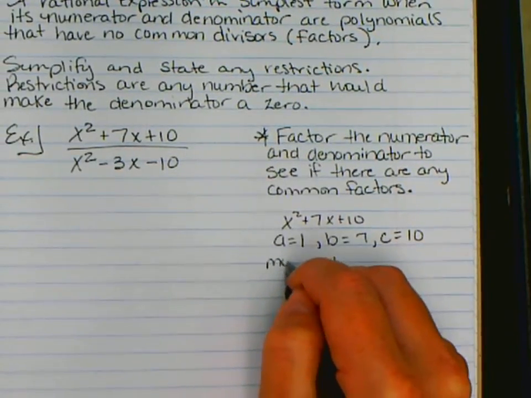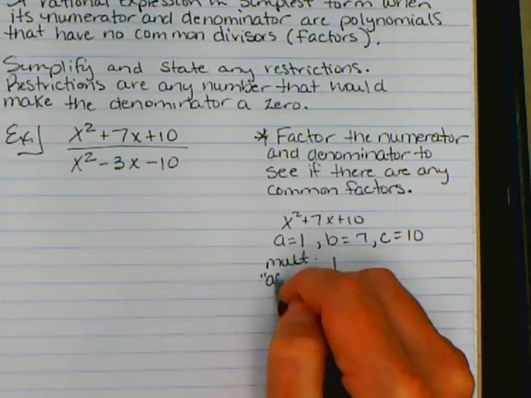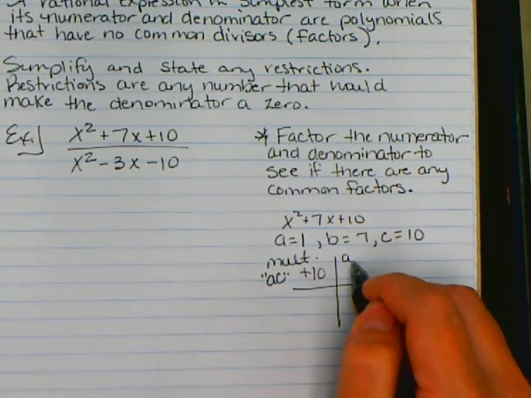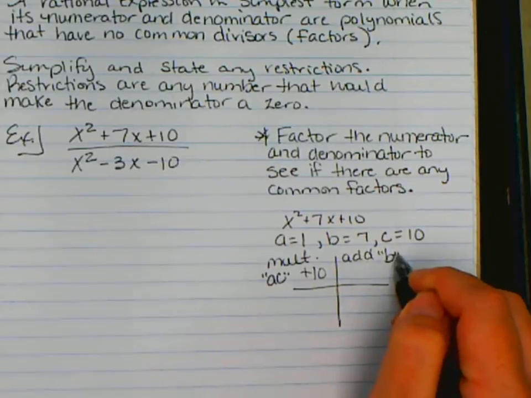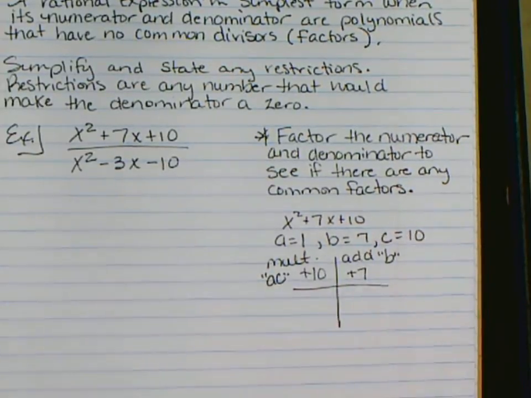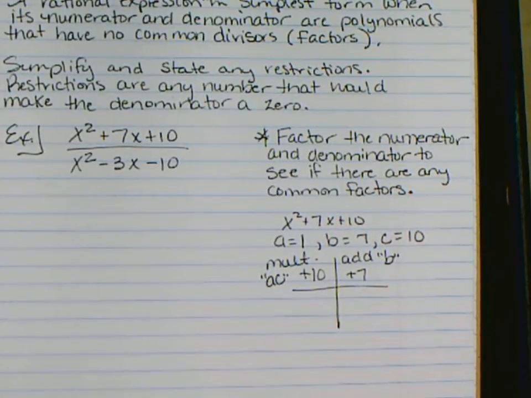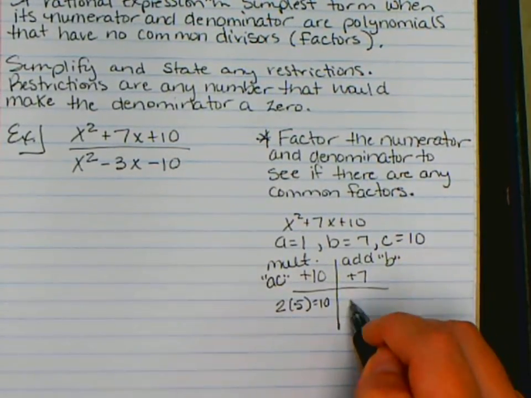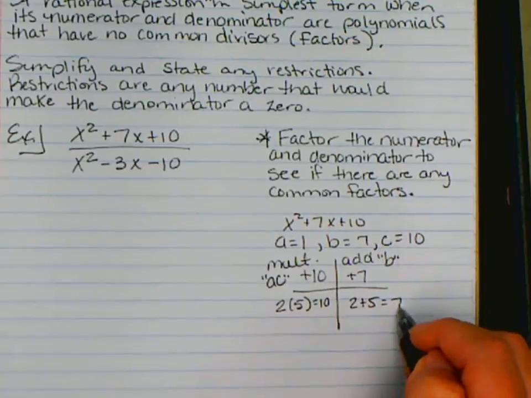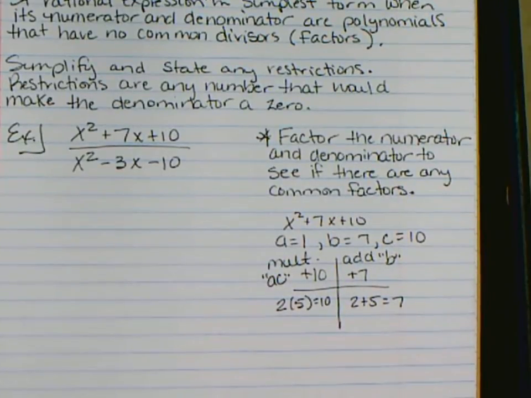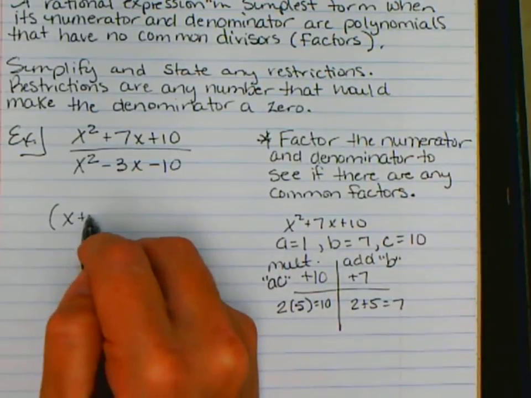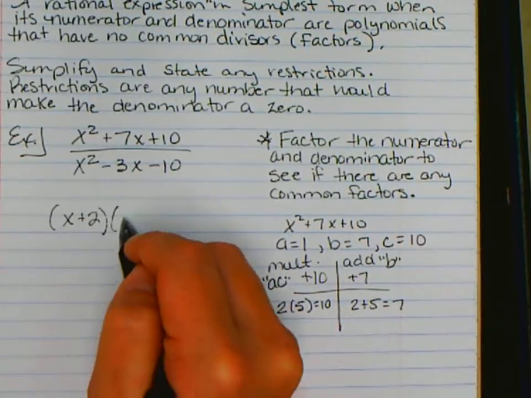So we need two numbers that multiply together to give us A times C, in this case a positive 10, and add together to give us B, which is a positive 7. All right, let's try it. 2 times 5 equals 10, and 2 plus 5 equals 7. So that's going to work. So my numerator's factors would be x plus 2 and x plus 5.